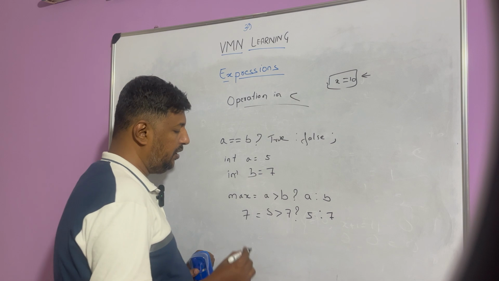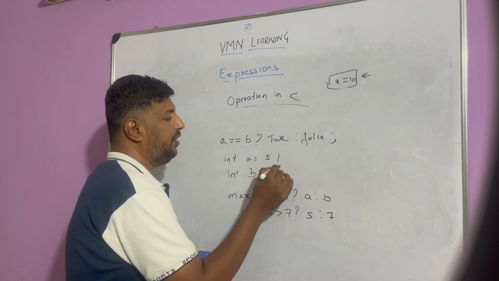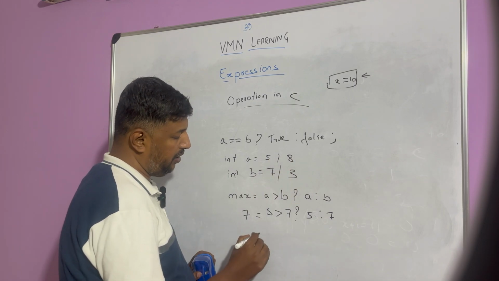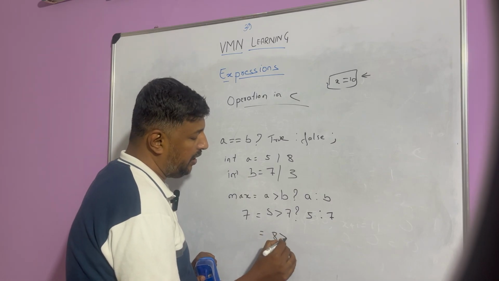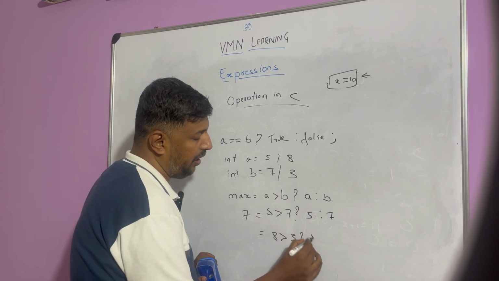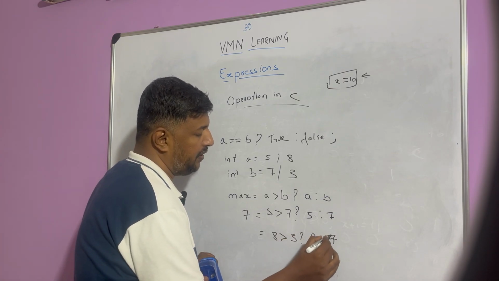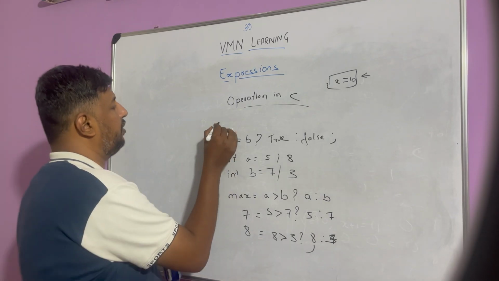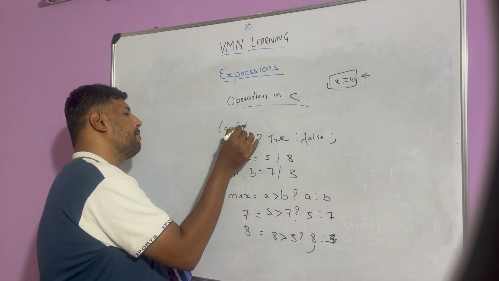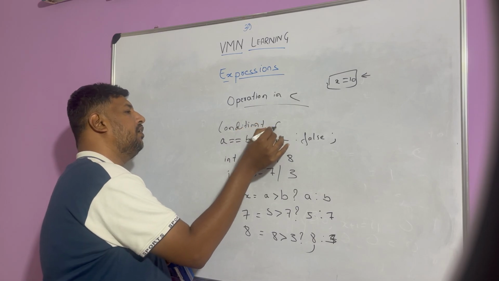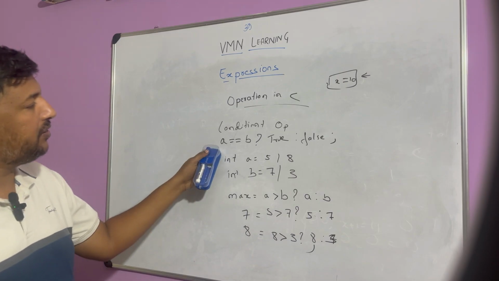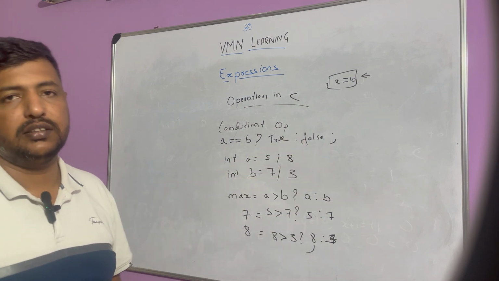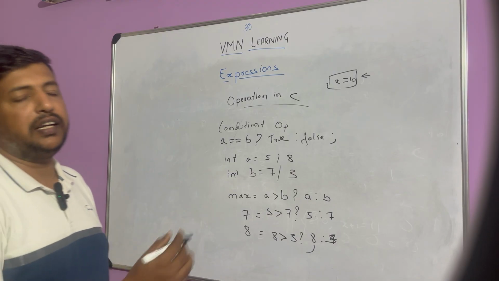Similarly, if I say 8 and 3, then 8 is greater than 3, so the value will be 8. So this is a conditional operator. It evaluates the condition and depending on the response, it will print out the result. It is saying either this or that.